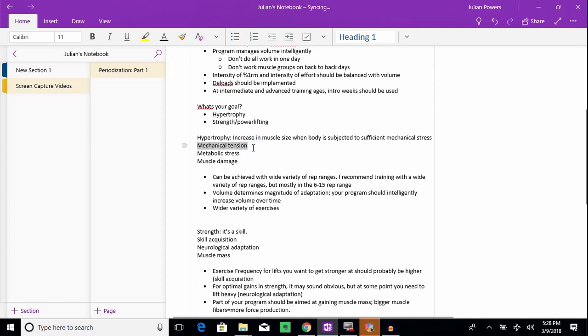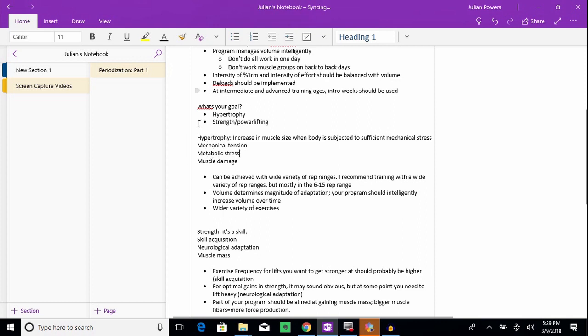Again, I think scientific literature isn't super in depth on answering these questions yet. But basically, they've done studies on metabolic stress. They've metabolically stressed a muscle with no mechanical tension, and there's been no increase in muscular hypertrophy. And to my knowledge, the same thing with muscle damage.